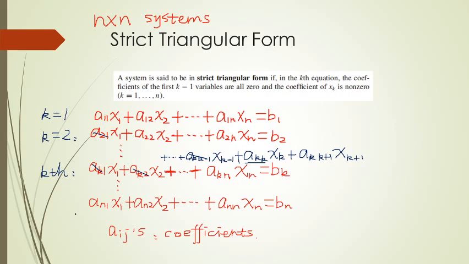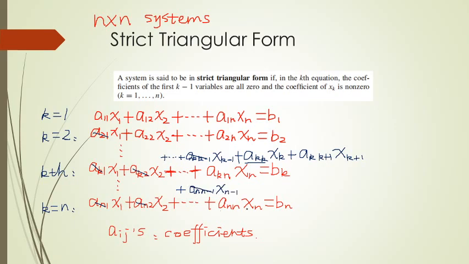How about when k equals n? The last equation. That means the first n minus 1 coefficients are all zeros, right? 0, 0, and here we have an n minus 1 times xn minus 1, which is also 0.